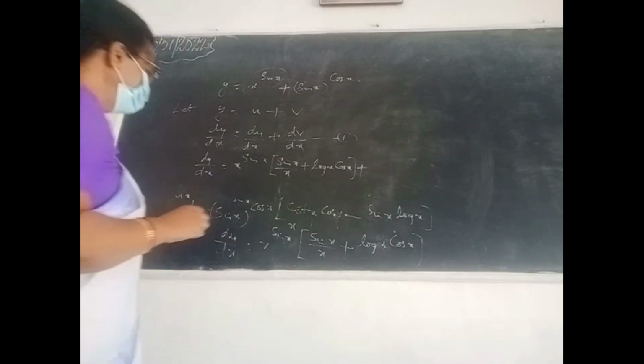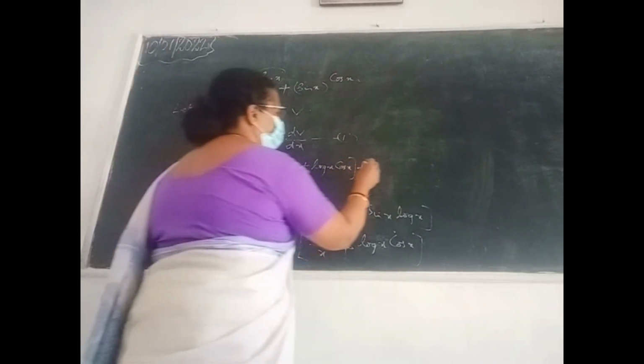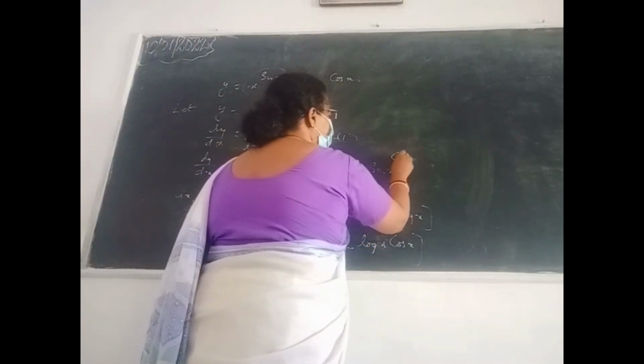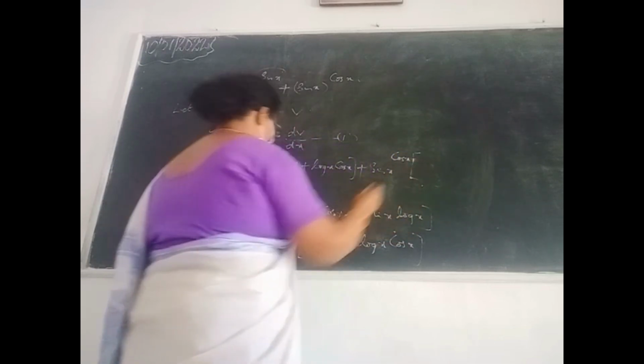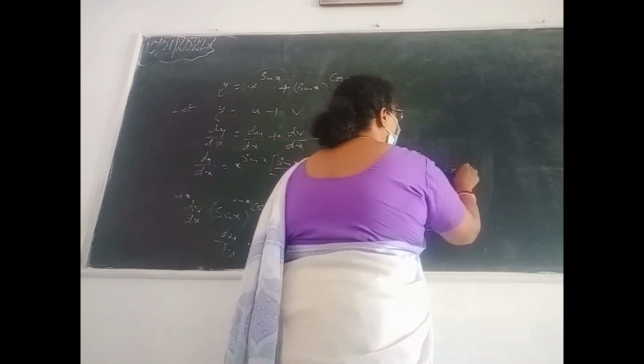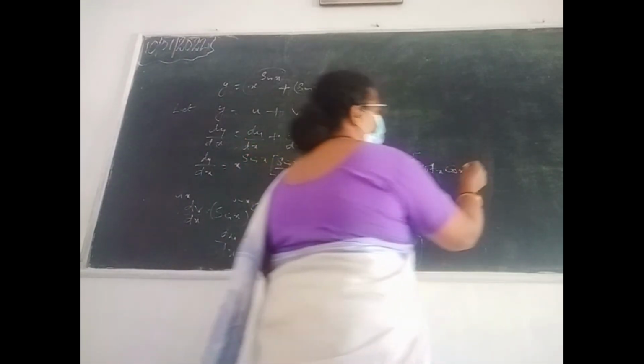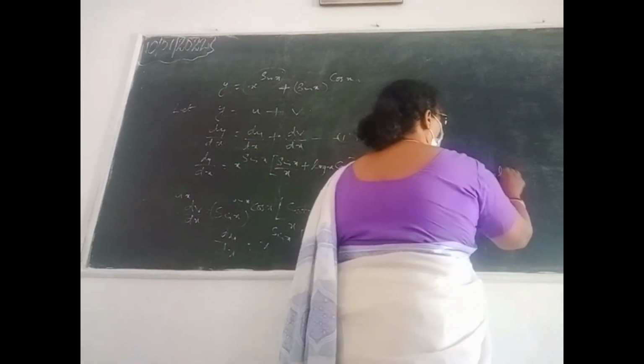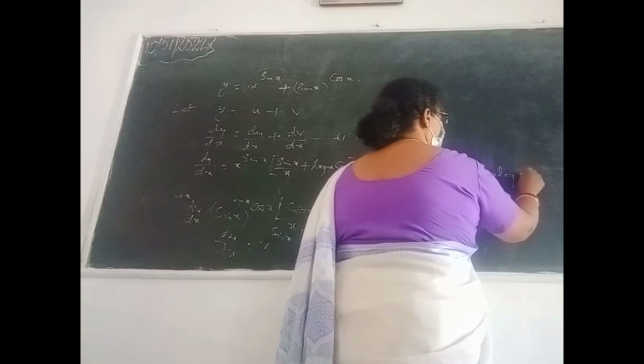Dv by dx is sin x raised to cos x into cot x cos x minus sin x log sin x.